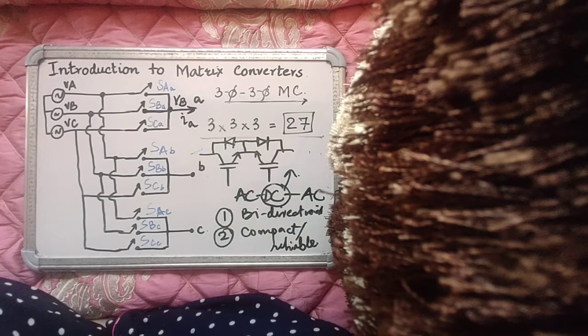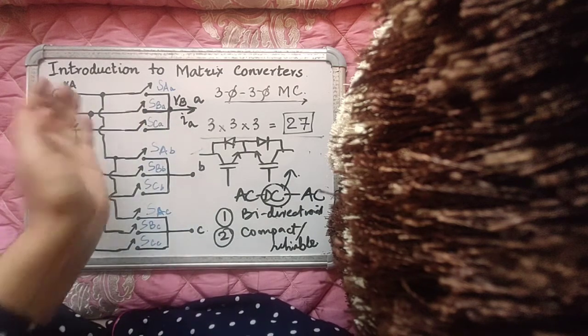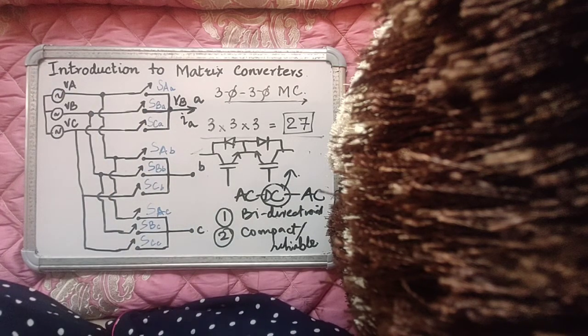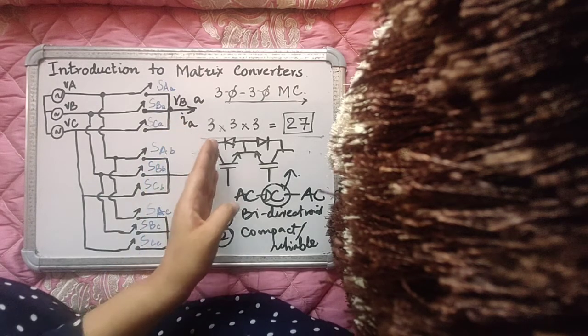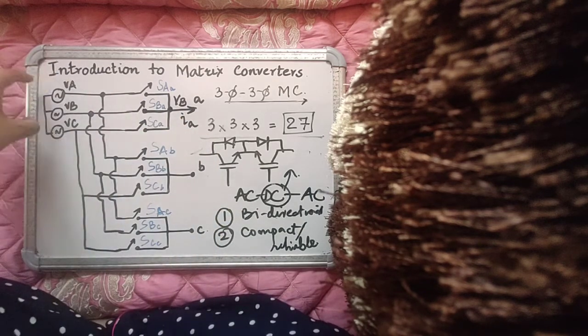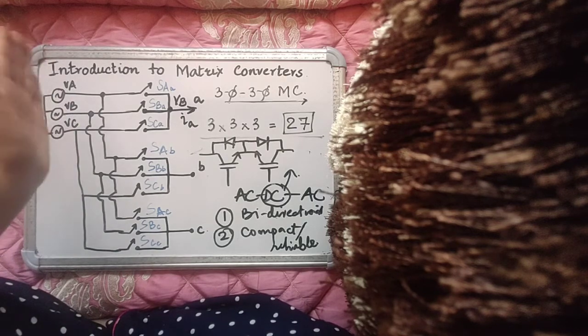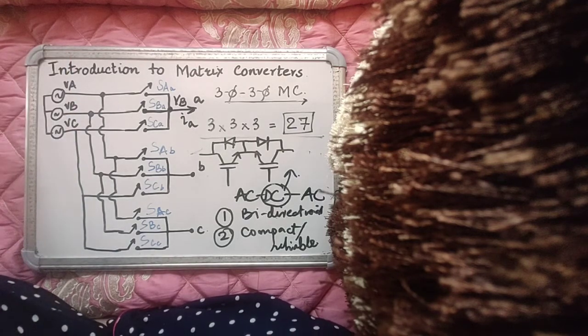The third advantage of using matrix converters is that they offer improved power quality on the source as well as the load side, which means not only are the load currents sinusoidal, but it is also possible to make sure that the source currents, the currents you're drawing from the grid, are also sinusoidal in nature.